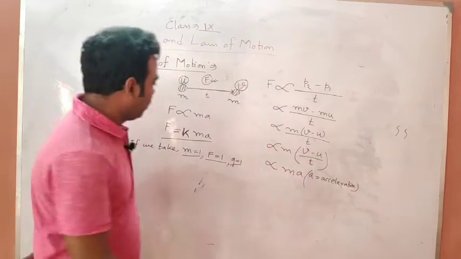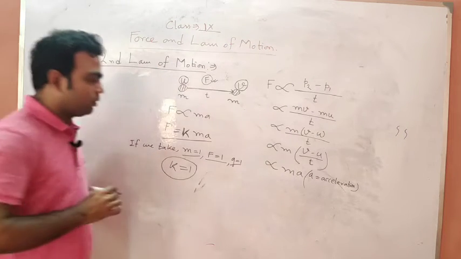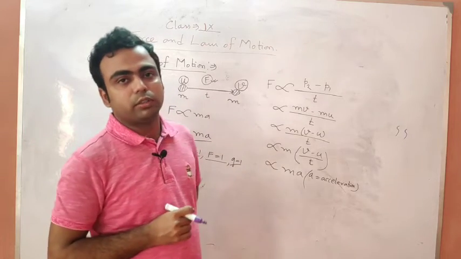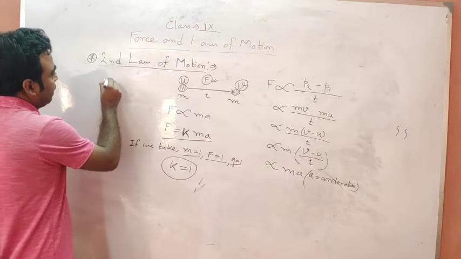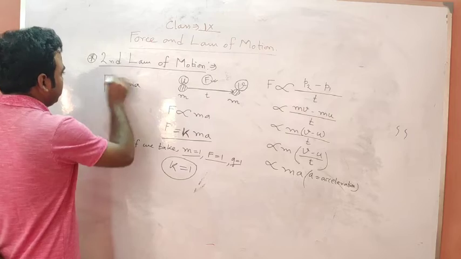So if we put this value, we get k equal to 1. That means the value of this constant is 1. So finally we get F equal to ma.